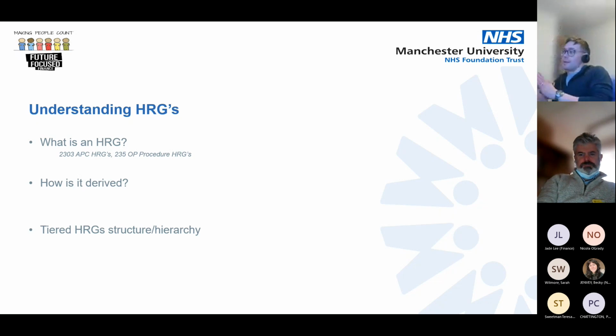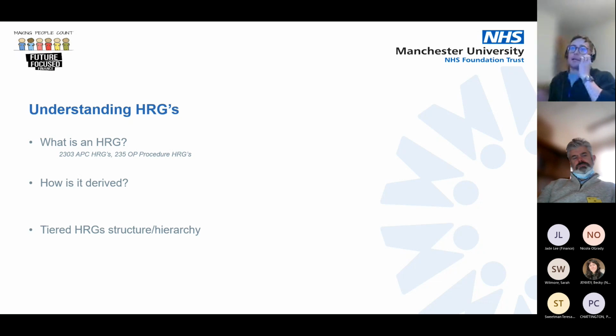In terms of how HRGs underpin the NHS payment infrastructure, that's changed a lot over the last few years. We'll go back a bit further actually. Many years ago, before I started, coding was very much a back office function, and clinical coding wasn't used as a marker in NHS income.